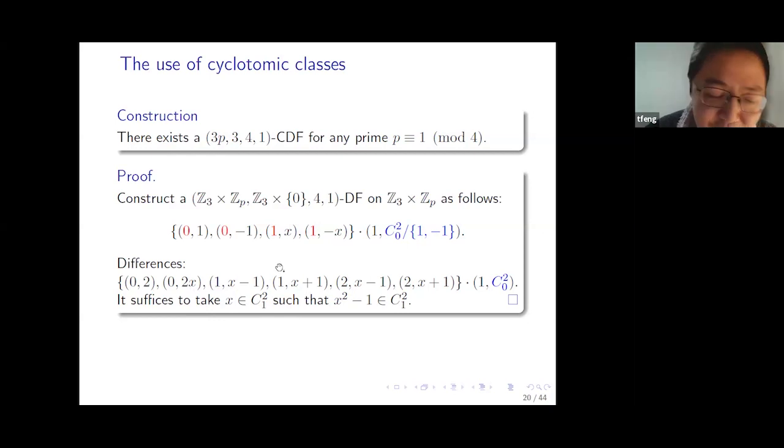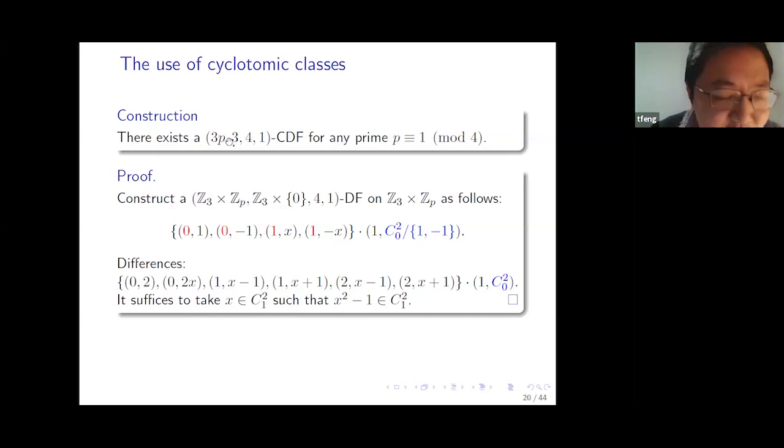Why do I give this example? Because generally, when we construct a cyclic design, the first case to consider is the prime case. So if the case is not a prime, how do we do it? We know any number can be written as a product of primes.